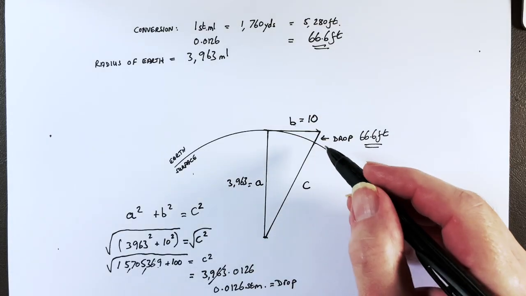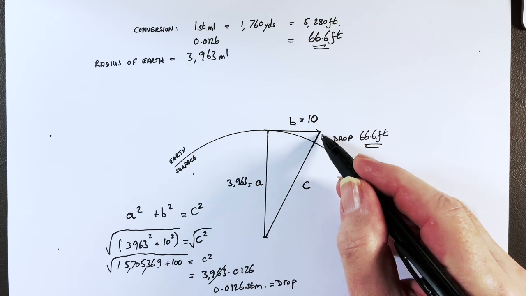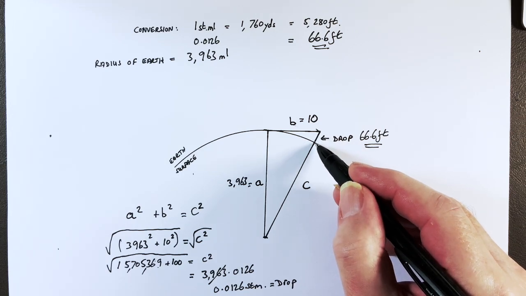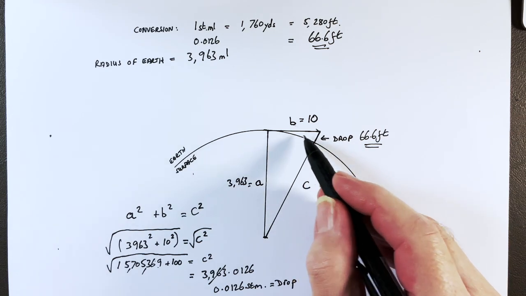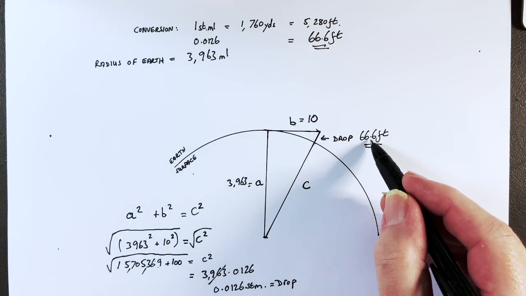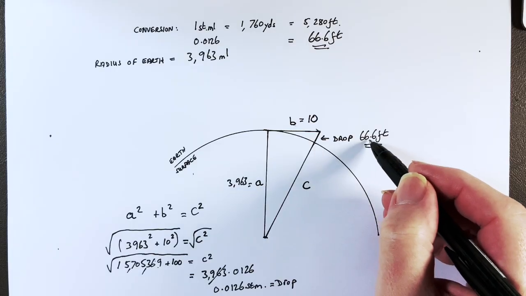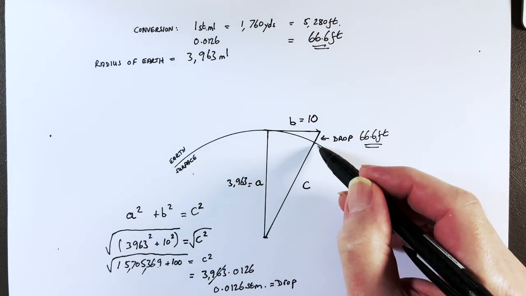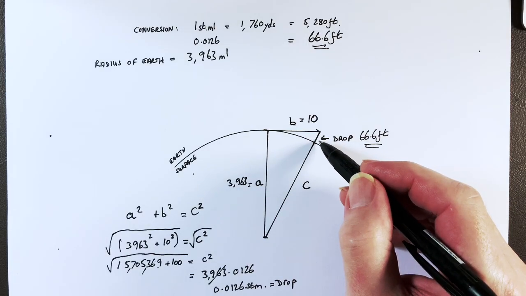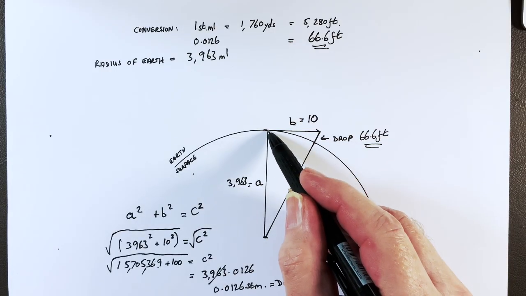It's a lovely figure used by Satanists and Luciferians. But for now, this is what we've got, that the drop in the Earth horizon at 10 miles is 66.6 feet. This means that any object that is less than 66.6 feet will not be able to be seen from the surface of the Earth at 10 miles distance.